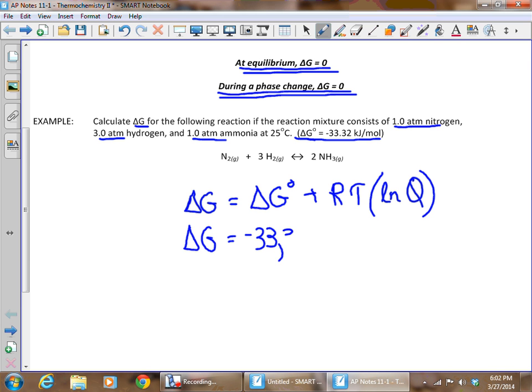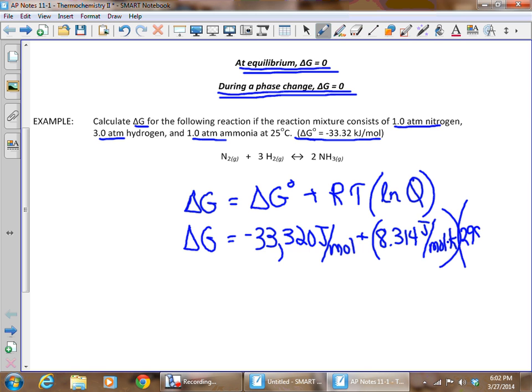So negative 33,320 joules per mole plus R, which is 8.3145 joules per mole Kelvin, times the temperature, which is 298 when we add 273 to our 25 degrees Celsius, times the natural log of Q.